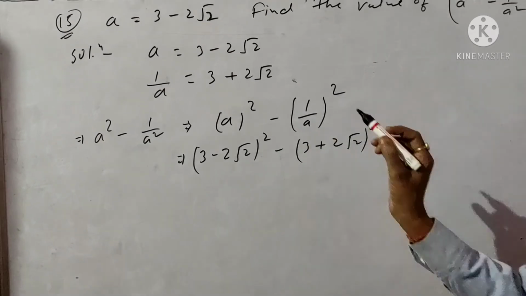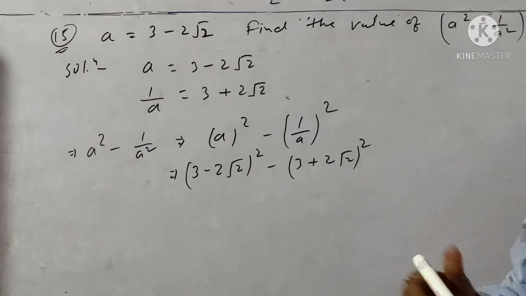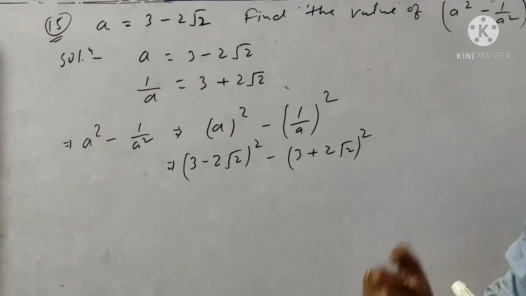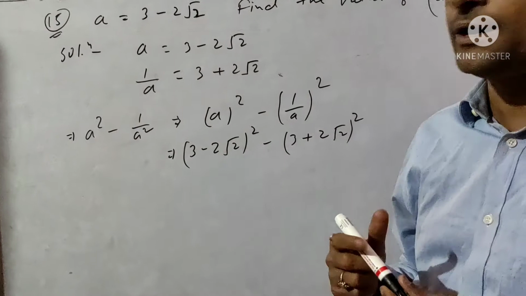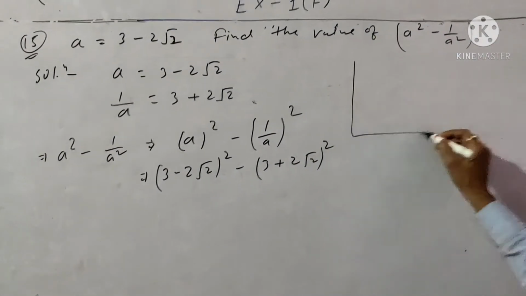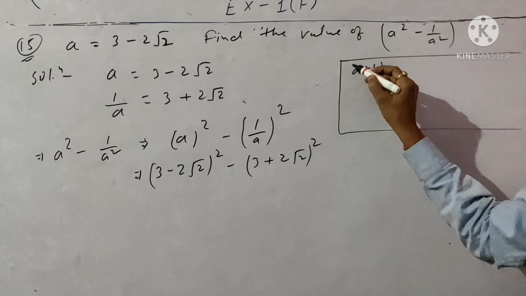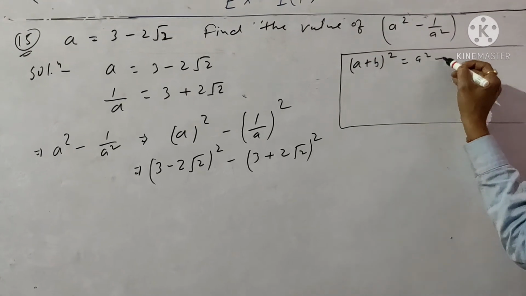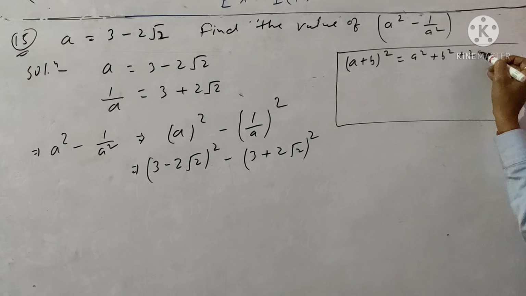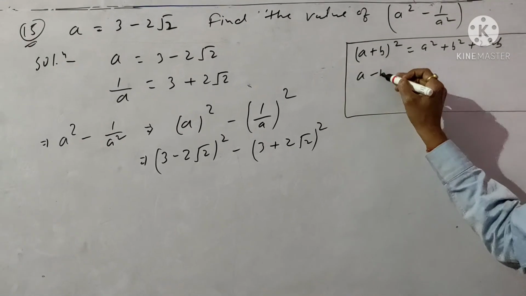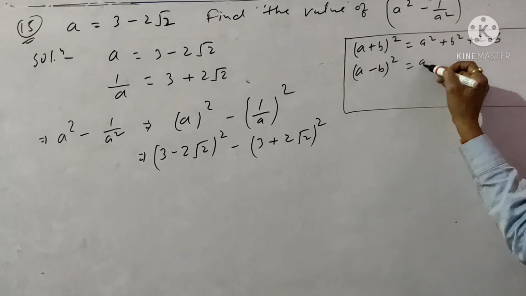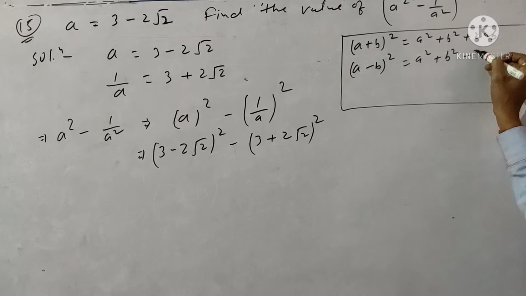Okay, student, this is the form of (a minus b) whole square and (a plus b) whole square. Again write down the formula, student, and keep in your mind: (a plus b) whole square is equal to a square plus b square plus 2ab, and (a minus b) whole square is equal to a square plus b square minus 2ab.